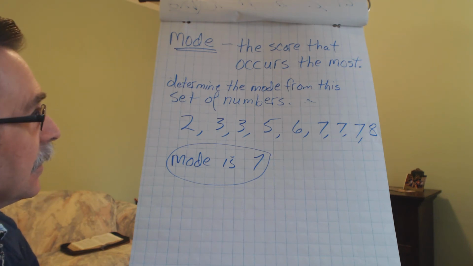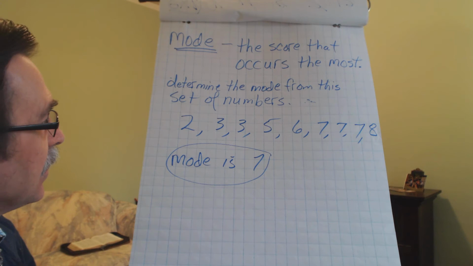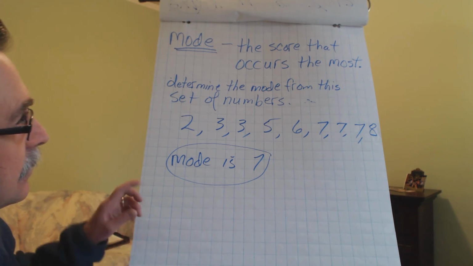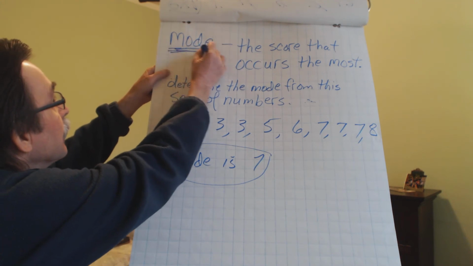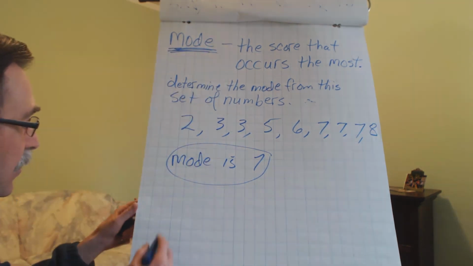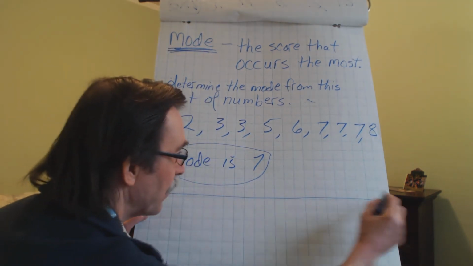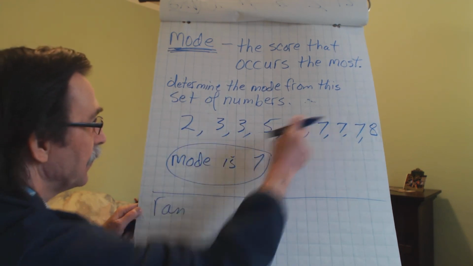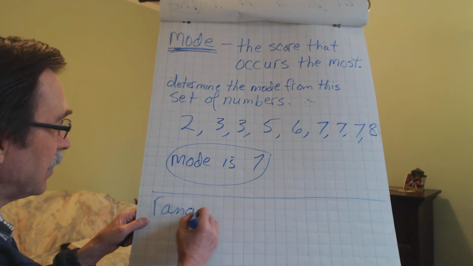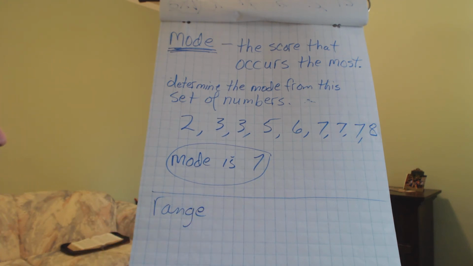All right, can we do one more definition here, and that is going to be the range, just very simply, and I'll use the same set of numbers up there.